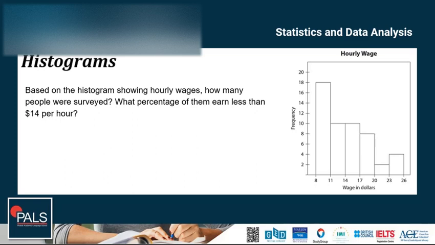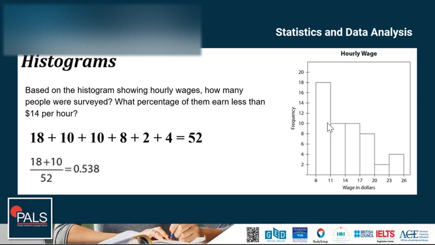Because the groups do not overlap and the height of the bar tells you how many people are in each group, add up the heights of all the bars. So we have 18 plus 10 plus another 10 plus 8 plus 2 plus 4, which is equal to 52. So we've answered the first question: there were 52 people surveyed.